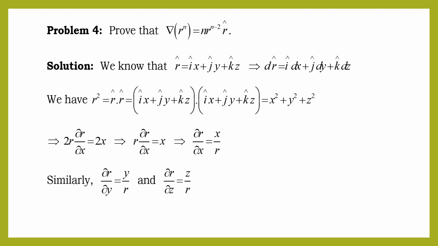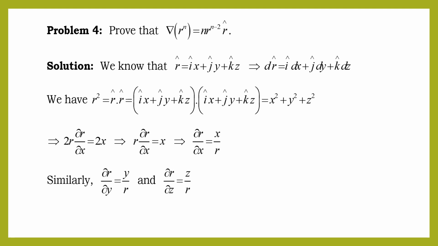We have seen this vector already. This vector is called a position vector. If r cap equals i cap x + j cap y + k cap z, then dr cap becomes i cap dx + j cap dy + k cap dz.